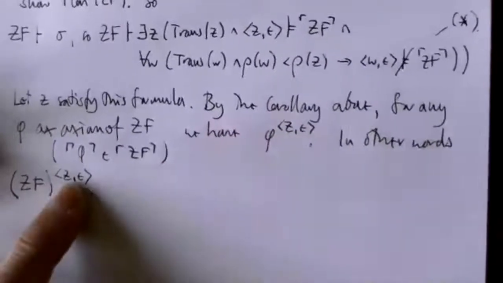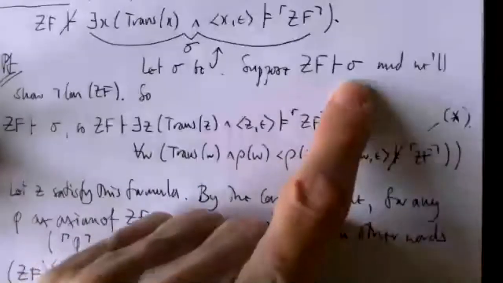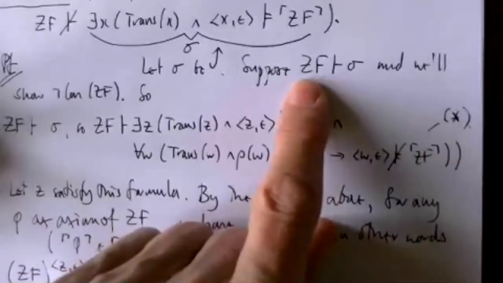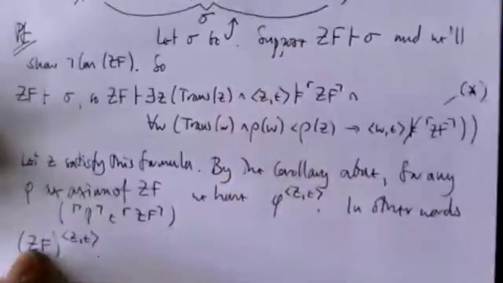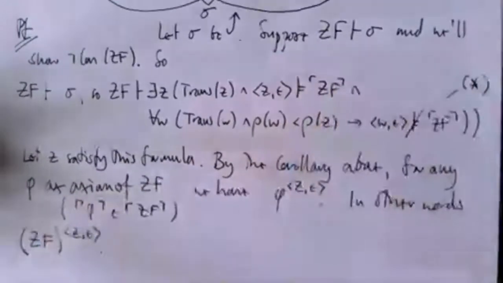So I've got a Z here in which all the axioms of ZF are true. On the other hand, it's supposed to be the case that I can prove sigma from ZF. So if all of these axioms are true in Z, so is sigma by soundness.